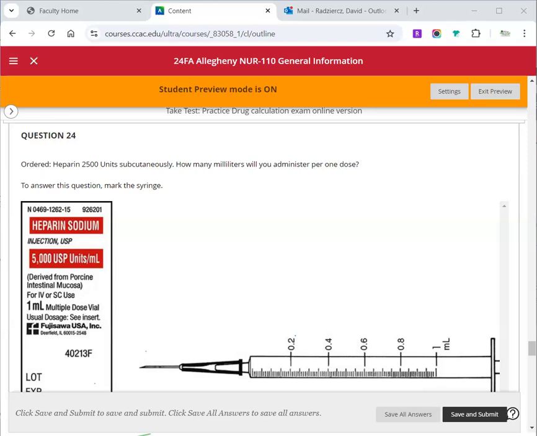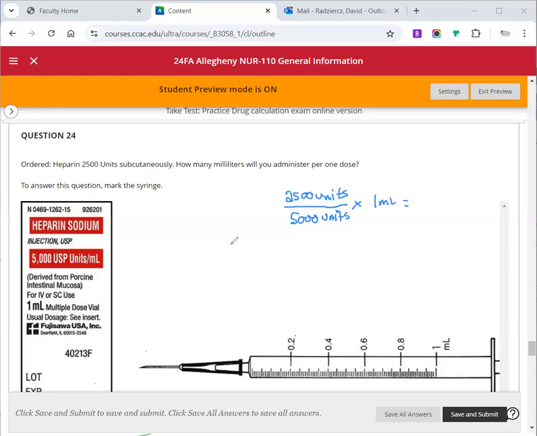We're going to take our 2,500 units over our available, which is 5,000 units per ml. So that's just going to be 0.5, right? Just double check. 2,500 divided by 5,000. Yeah, 0.5.